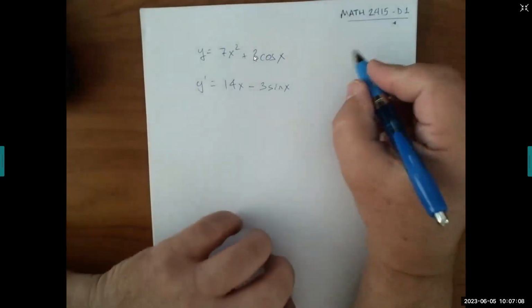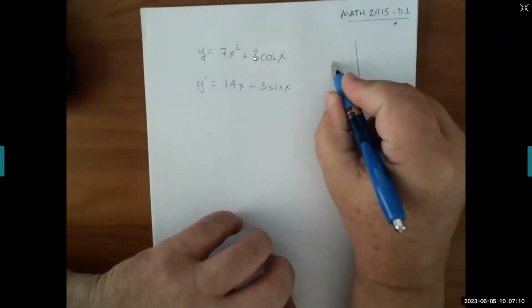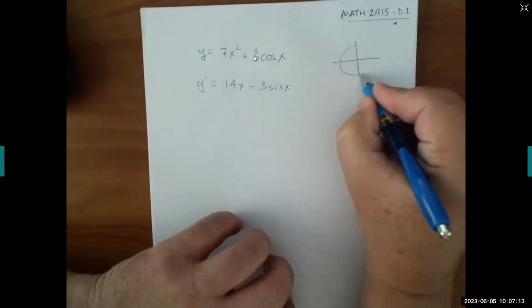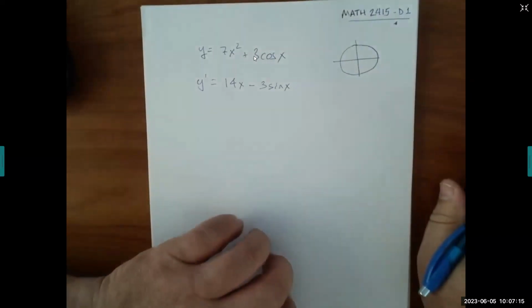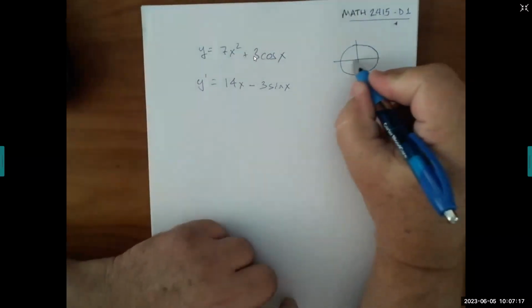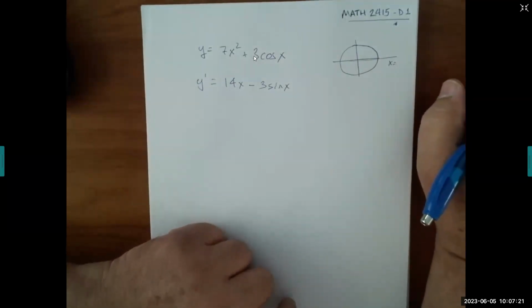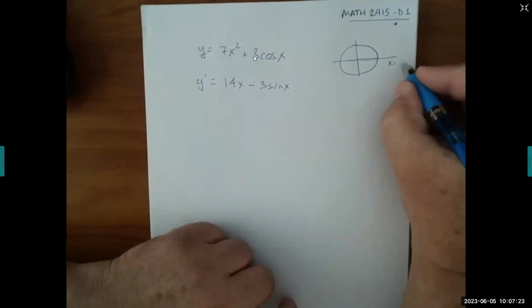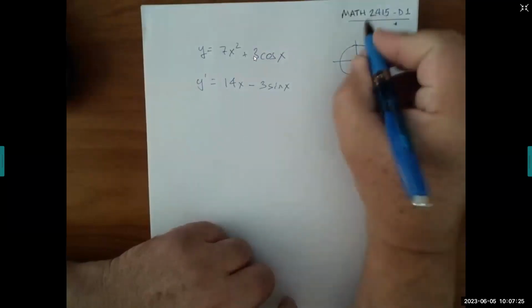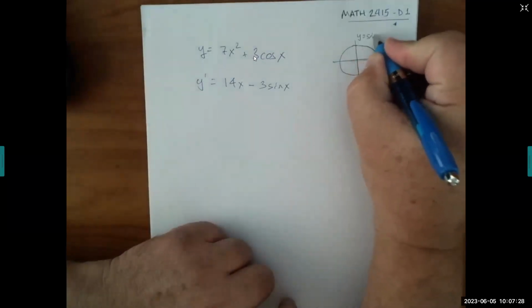Because if you think about it, on the unit circle from trigonometry, the x-axis deals with which trig function, sine or cosine? Cosine. And the y-axis deals with sine.